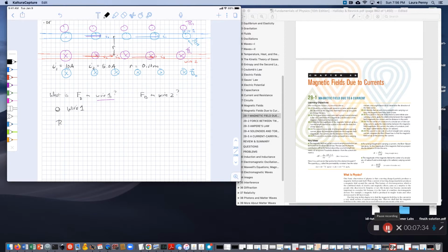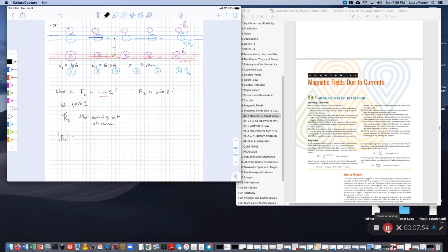At wire 1, there's a magnetic field being produced by wire 2 that is coming out of the screen, where the magnitude of that field is mu naught I2 over 2 pi, and the distance away is that 10 centimeters. And so we can get that magnitude. It's 1 times 10 to the negative 5 Teslas.